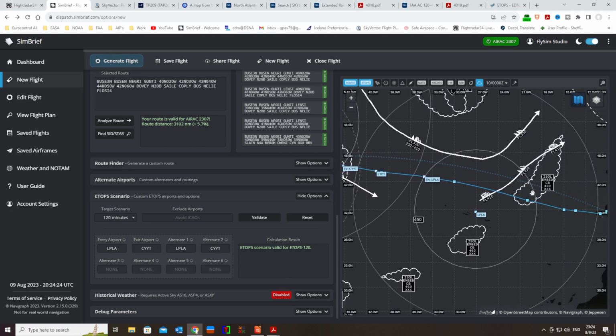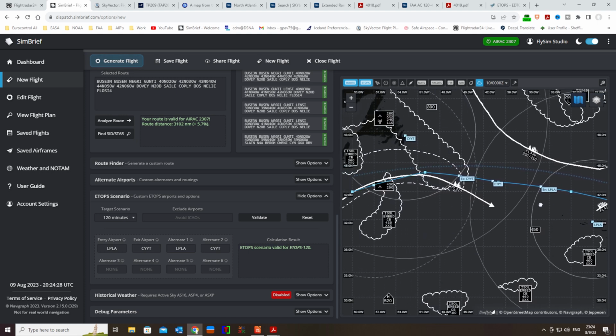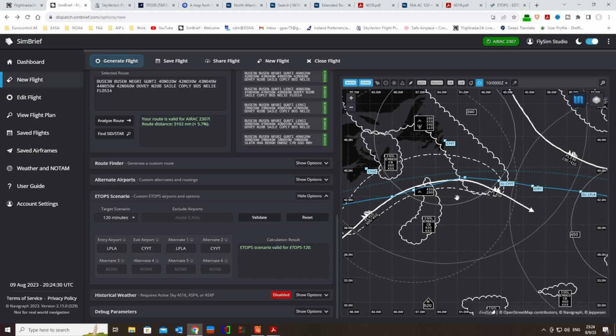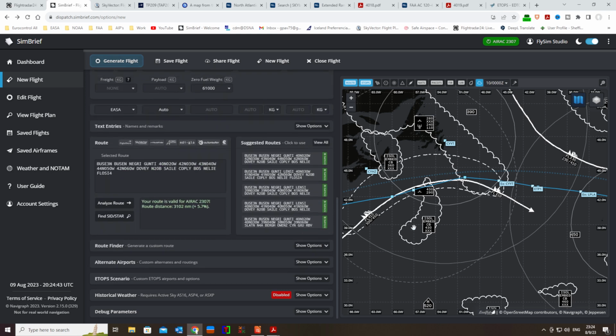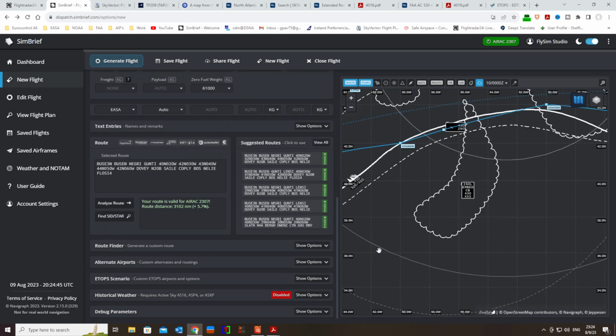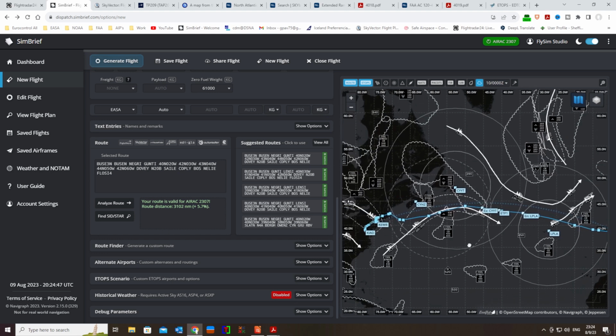Some embedded CBs here, so that means I'm going to add extra fuel to the flight just to be sure that they will have enough fuel on board to make some deviation if needed. I'm happy with that. I also have an array that is going to reduce our fuel even further.